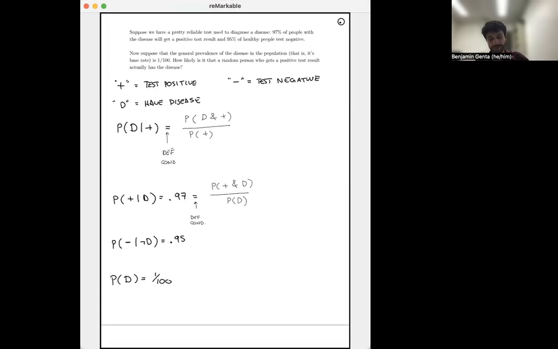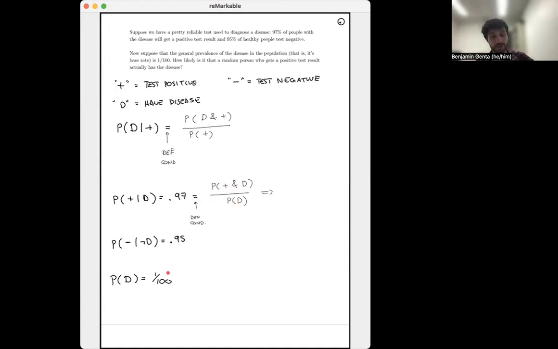Now note that this part over here is exactly what we want, right? Because, well, we switched around, but actually they're the same. The probability of having the disease and testing positive is equal to the probability of testing positive and having the disease. So we have that. So what we can say is we multiply both sides by the probability of D, and we actually know what the probability of D is.